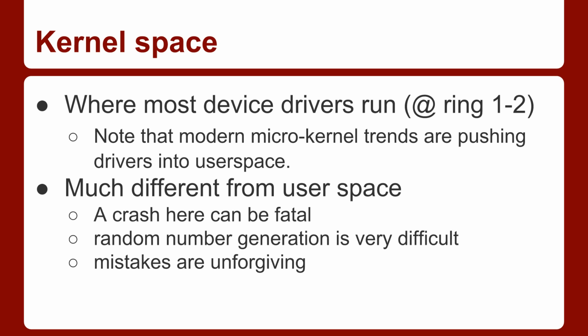There's usually much less you can do in kernel space. For Linux, things that you would think you should have available, like the ability to generate random numbers and the ability to deal with floating point and decimal numbers, are actually much more difficult. And when programming at this level, mistakes are very unforgiving, and crashes here can be fatal and hang or bring down the whole system.